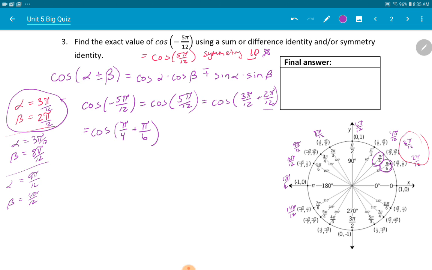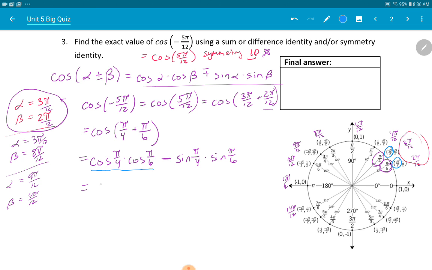Now, plugging these into the formula up here, I do cosine of both angles multiplied together. I change the sign. I was adding there, so now I'm going to subtract. And then sine of both those angles multiplied together. When I look at my unit circle, cosine pi over 4 times cosine pi over 6 means multiply this guy and this guy.